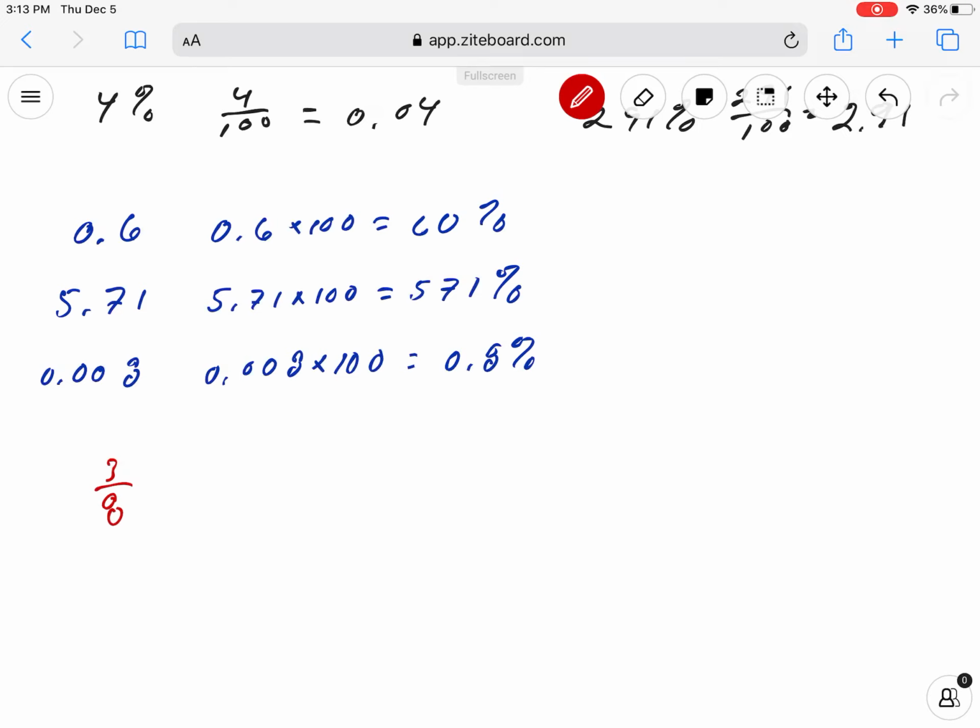So if I do 3/8 and I want to find out what percent 3 is of 8, I'm going to set up my proportion where I have 3/8 equals x over 100. I solve for x. So I'm going to have 100, multiply both sides by 100. That leaves me x. And my x, if I do the math, I take 3 and I divide it by 8.